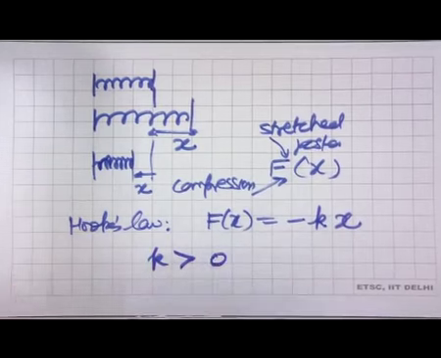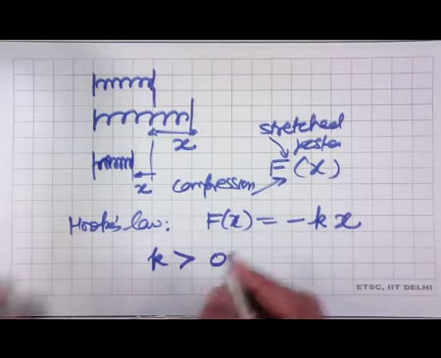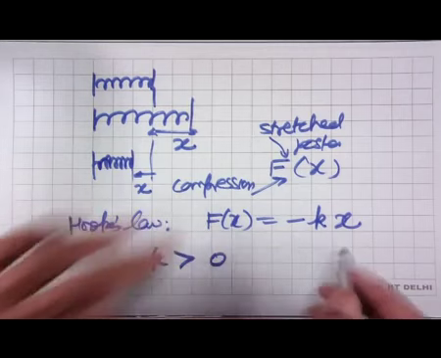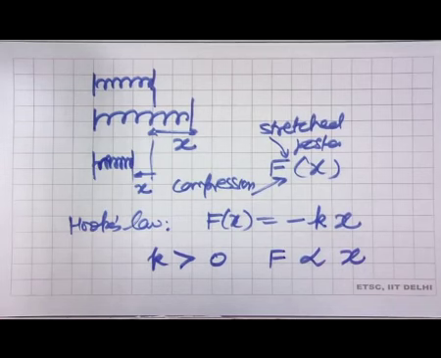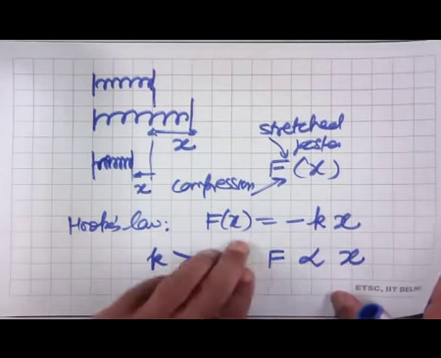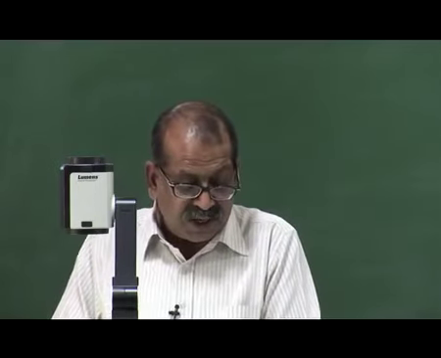K is called the spring constant, which is greater than 0, and such springs, where this force F is proportional to the extension or the compression of the spring, to the displacement of the spring, are a particular type of spring, and the force which the spring applies is equal to minus kx.